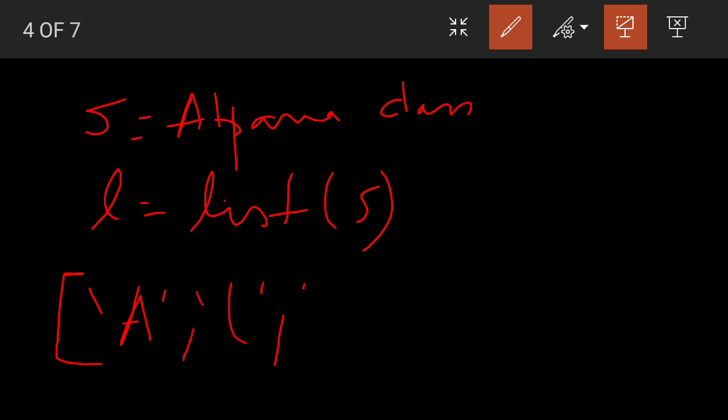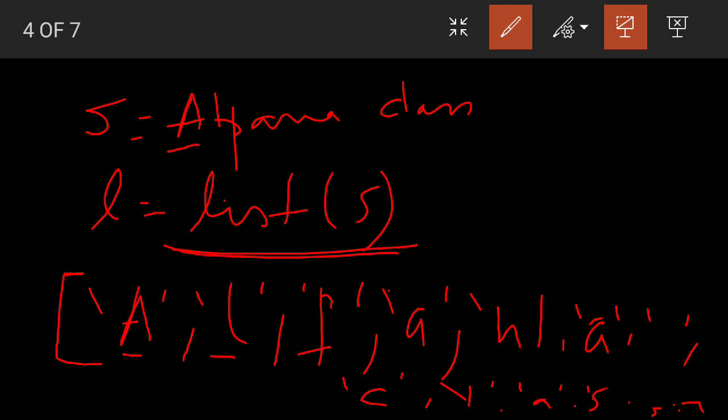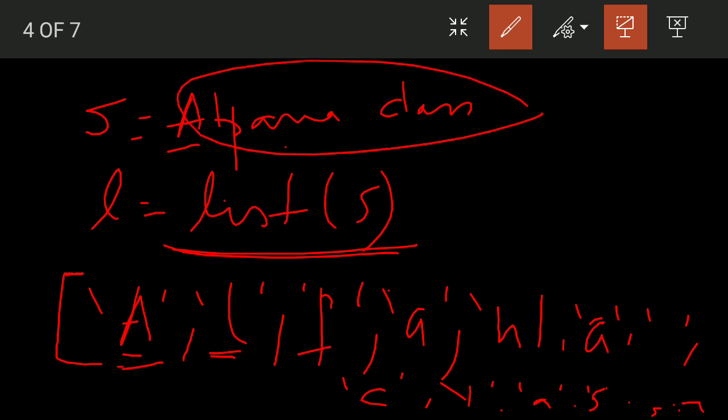It will be like P, A, N, A, space will also be there, and then C, L, A, S, S. Okay, so in this way it will separate. So L equals list of s will separate each and every character of the word or string. It is split character by character.